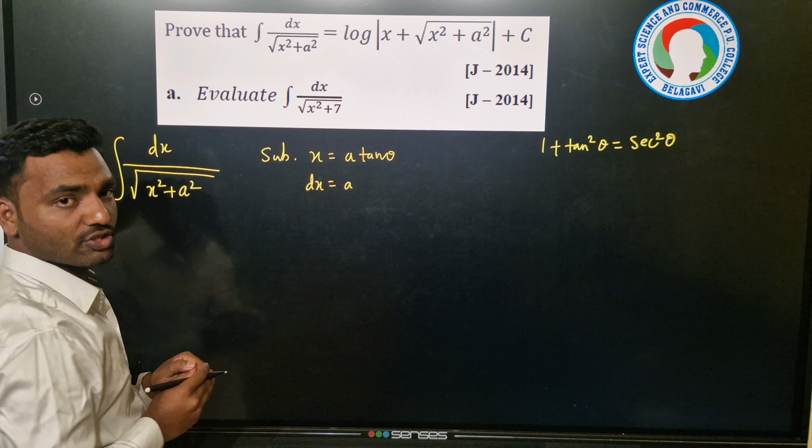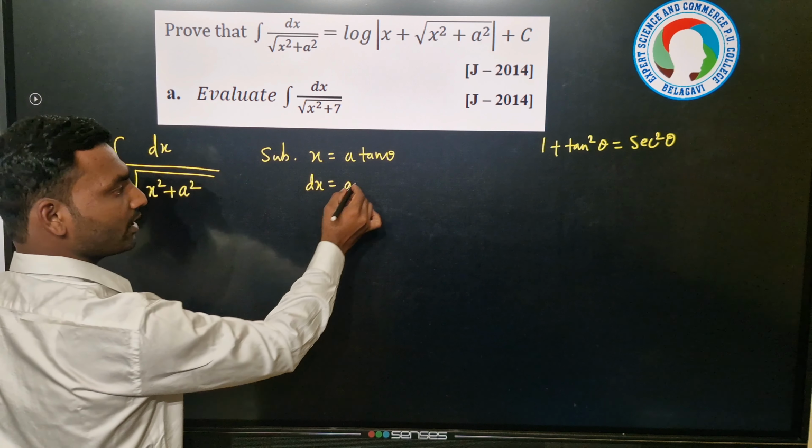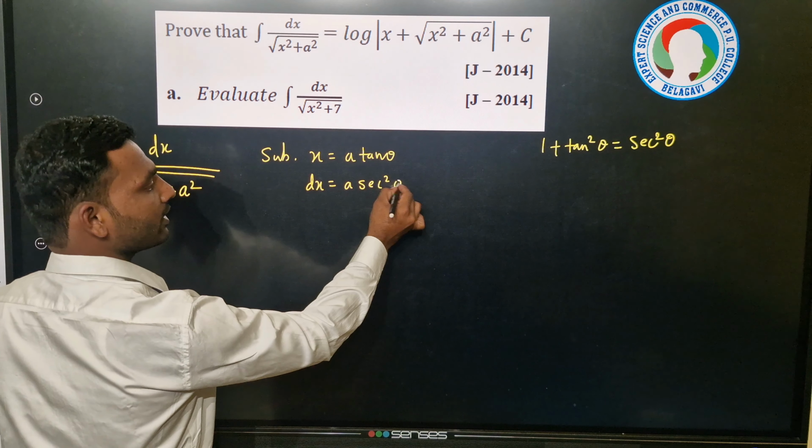Substitute x equal to a tan theta. You are changing the x value, so you have to change the dx value also, because you have to differentiate this equation with respect to theta. Then you will get dx, and a as it is. What is the differentiation of tan theta? That is sec square theta.